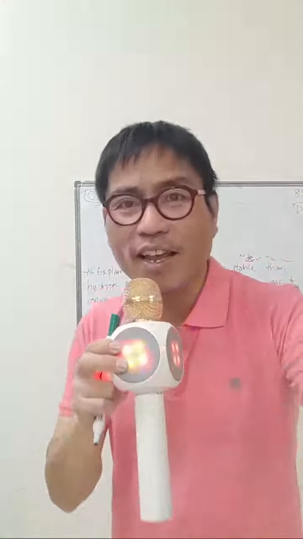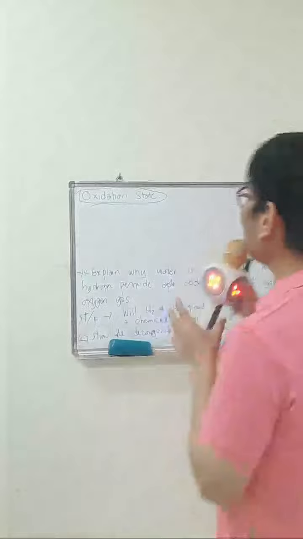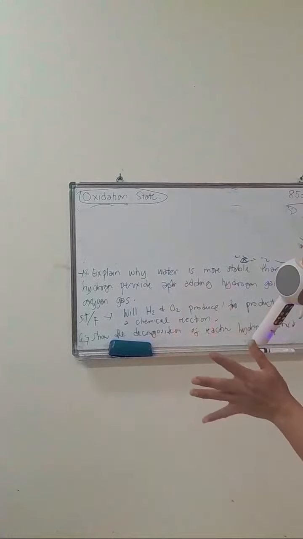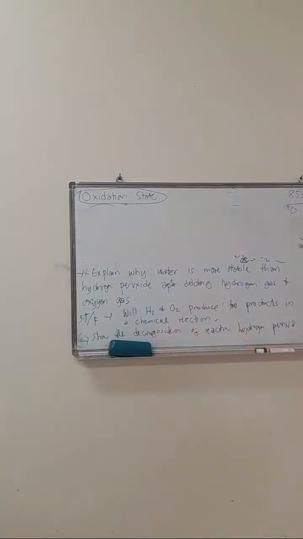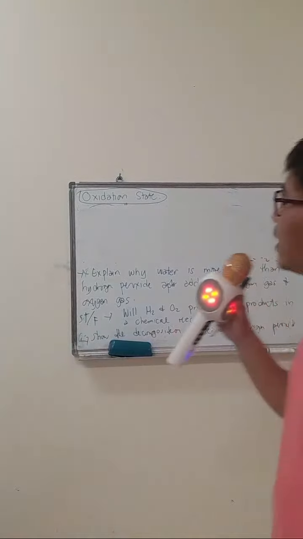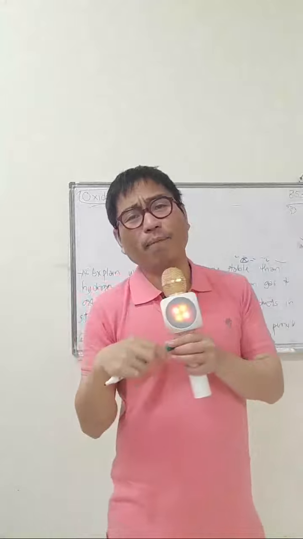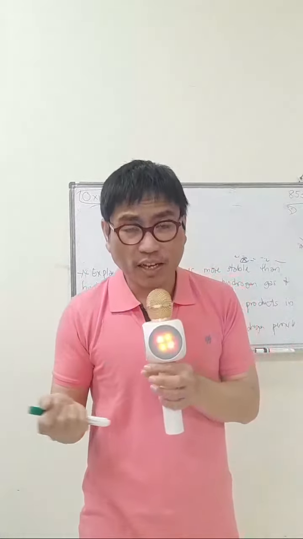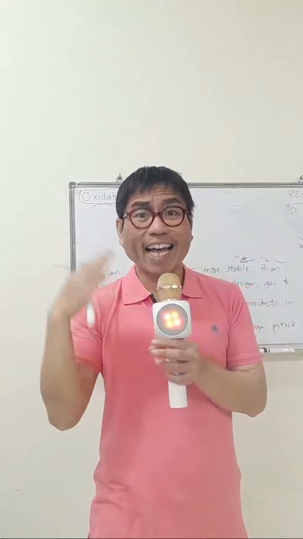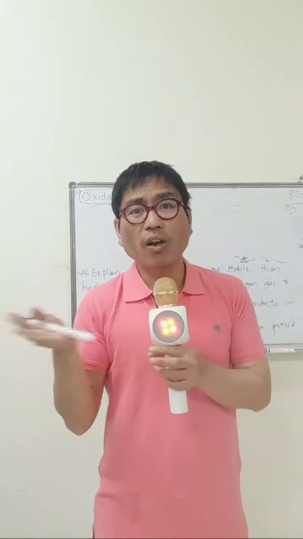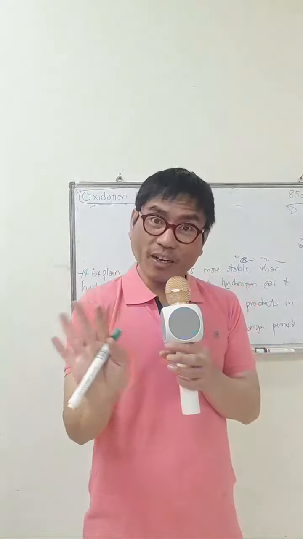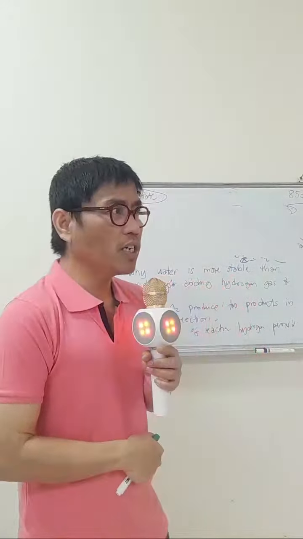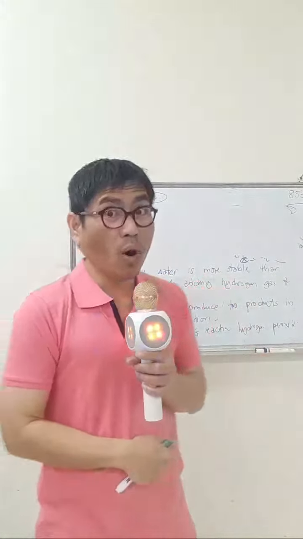Okay, this is the question: explain why water is more stable than hydrogen peroxide after adding hydrogen gas and oxygen gas. Guys, many science students in the universities and academic institutions learn, especially in chemistry, that the product of combining hydrogen gas and oxygen gas is always water, right?